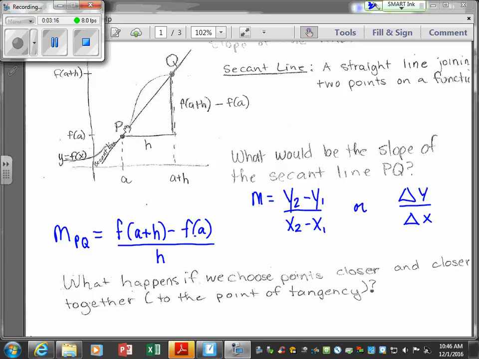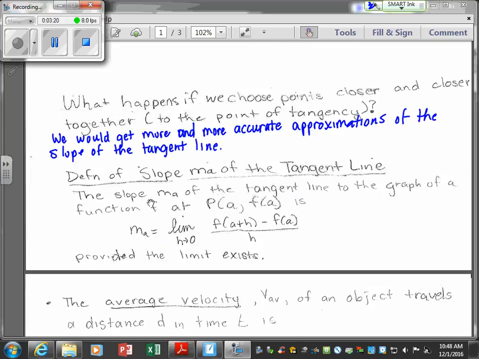And if I move it here, I have a new secant line. So we would get a more and more accurate approximation of the slope of the tangent line. Basically we can get our secant line to be a better approximation to the curve near the point A, and it's kind of like we're just calculating the limit.